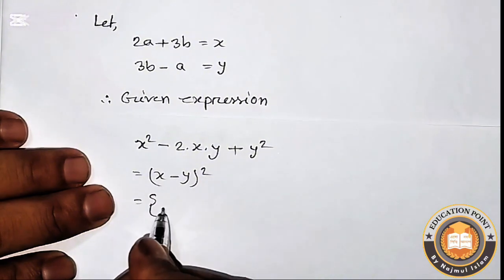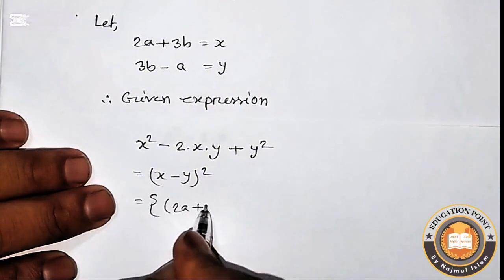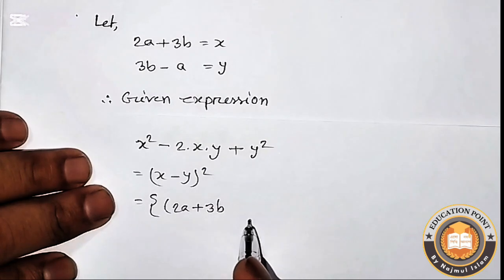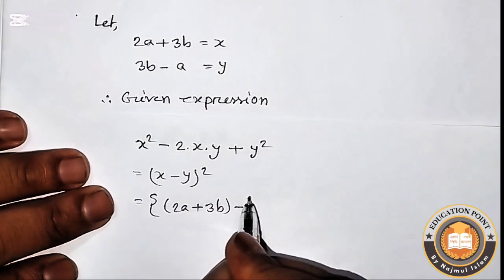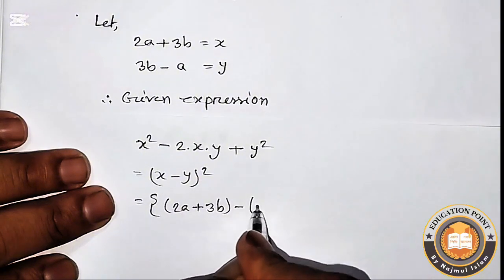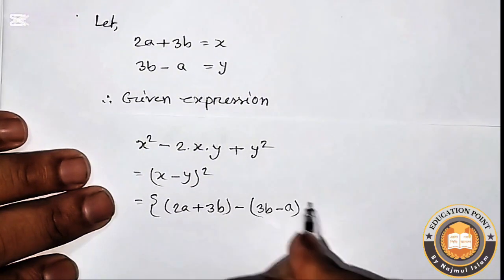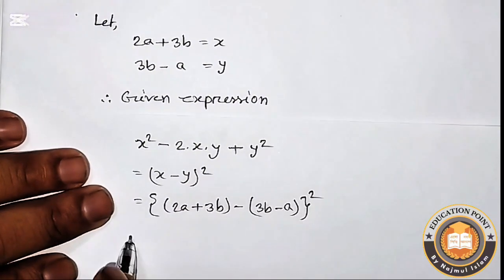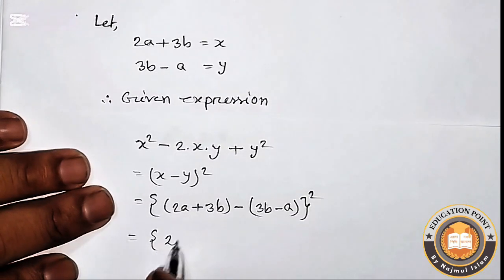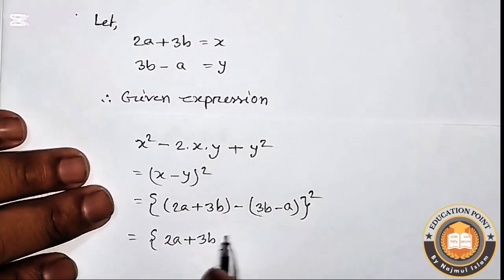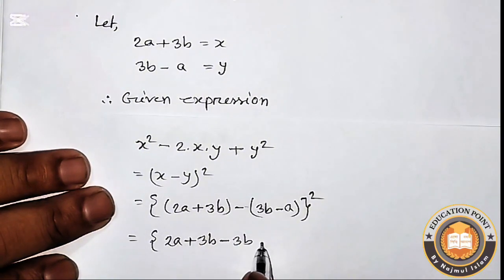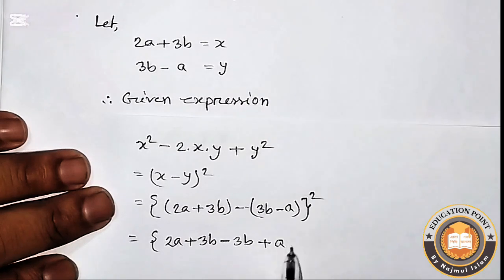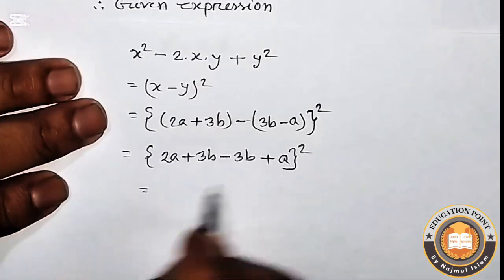Value of x is 2a plus 3b minus value of y equal 3b minus a, then square. 2a plus 3b minus 3b, minus multiply minus equal plus a, whole square.